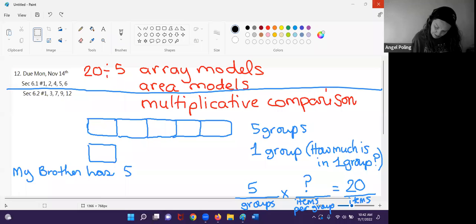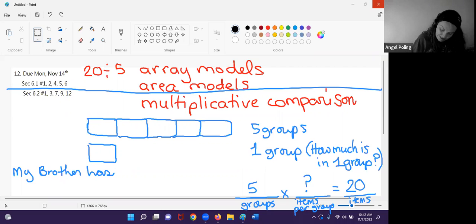Okay, so let's try starting with the answer. It'll maybe feel more like division. It's weird to call it multiplicative comparison and then also division, but it's because they're opposites of each other, multiplication and division.